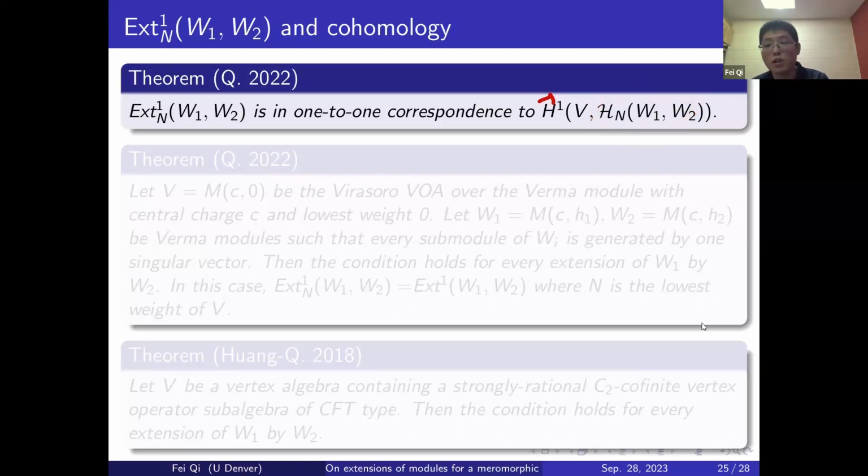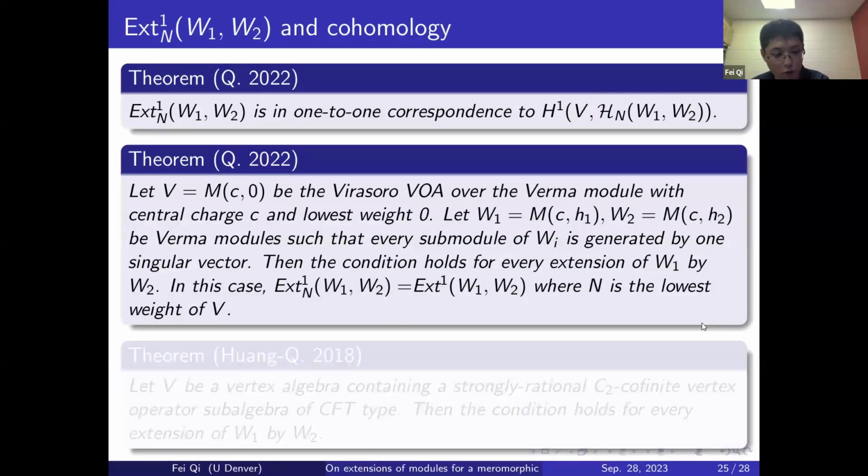All right, so you might ask, is it very restrictive? Here are two observations. The first observation is that in the case of VOA, if W1 and W2 are special kinds of freely generated Verma modules, then this condition holds for every extension of W1 and W2. So in this case, Ext_N^1 is equal to Ext^1.